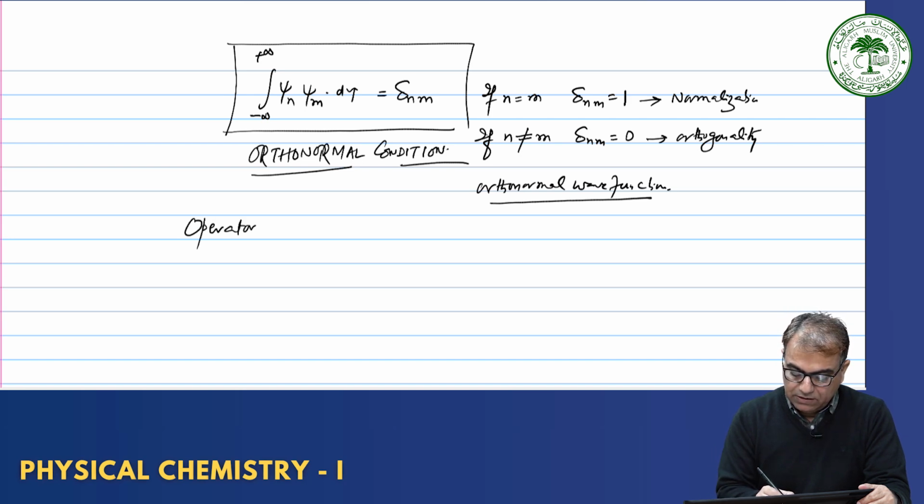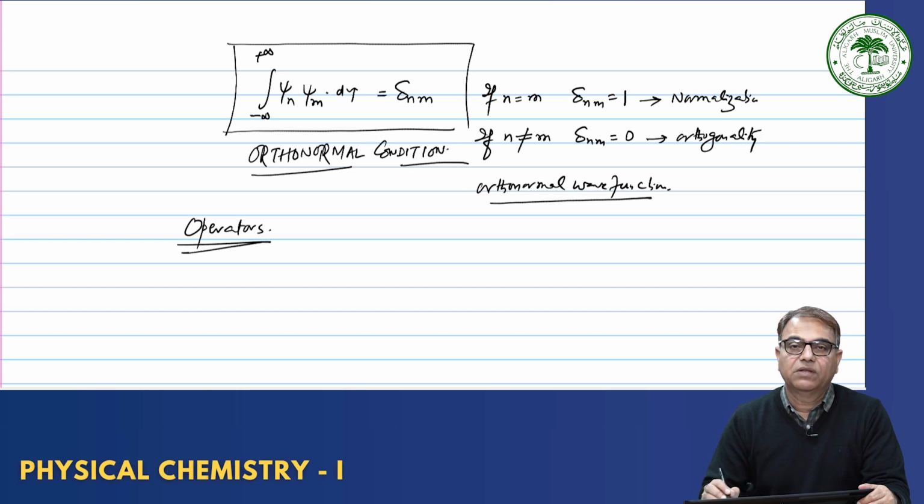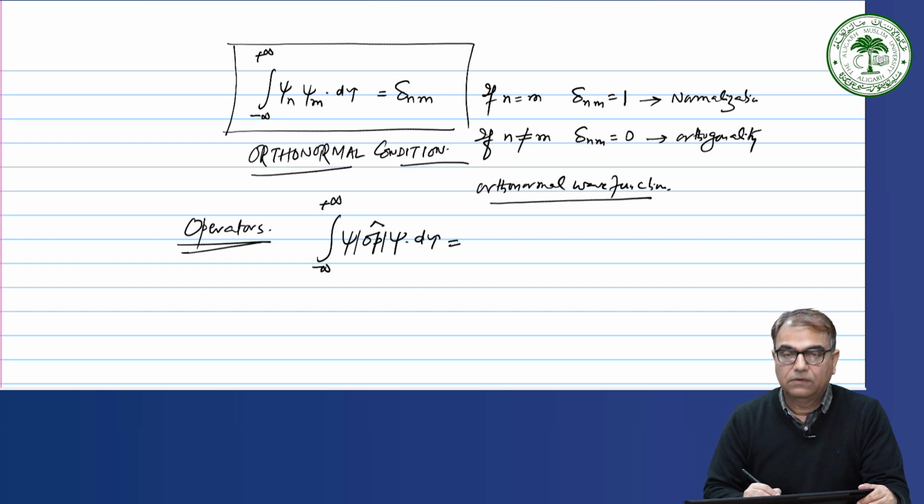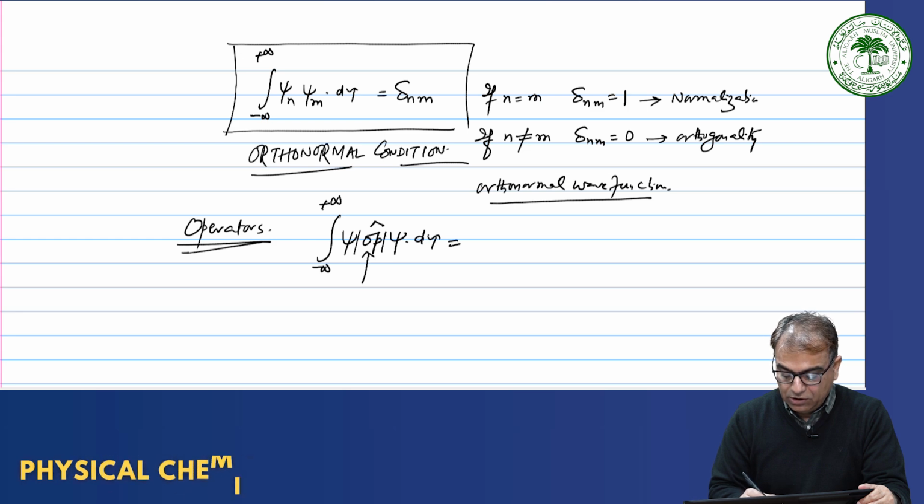We will talk about operators in the next class, but for the time being, I just wanted to tell you that we can write psi operated upon by any operator, then d tau, integrated from minus infinity to plus infinity. Okay. So, when you operate, this is an operator.